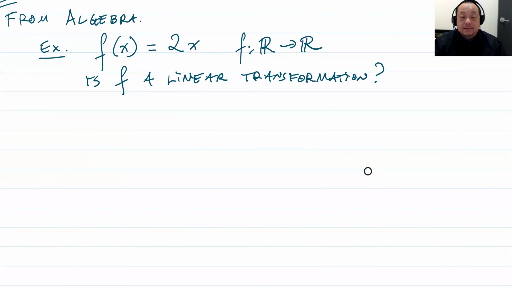Go ahead and try it. Do the same thing I did before, check it against property 1, check it against property 2, and see if the conditions are met. If the conditions are met, then f is linear. If either condition is not met, f is not linear. Go ahead and press pause and try it and come back when you're done.